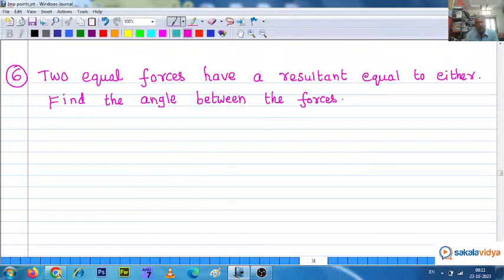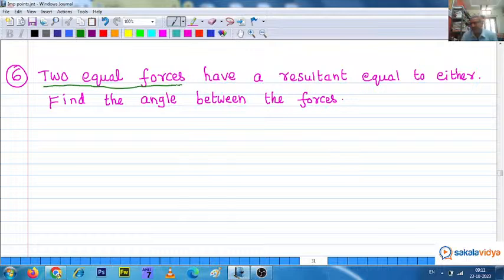So what do you understand by this question, and how do you solve it? Before going to solve, first of all, once again read and try to understand the problem, then apply the relevant formula and try to solve it. Here, two equal forces is very important.